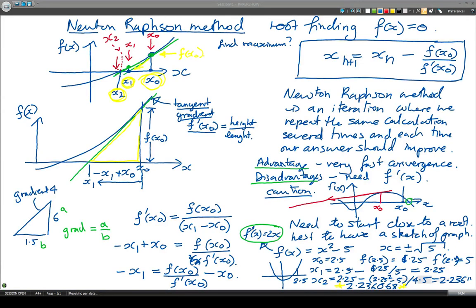If we know that at a maximum or a minimum, f primed of x is equal to 0. And so what we can do is hunt for roots of f primed of x.